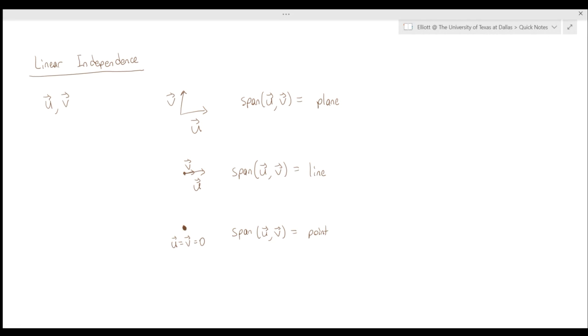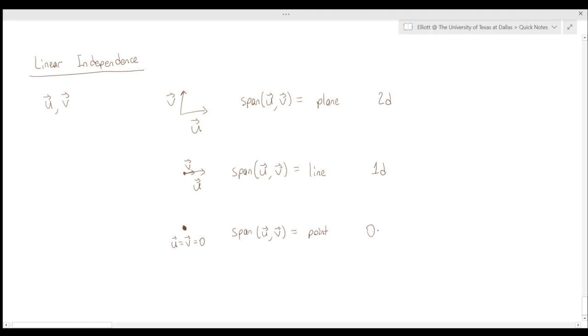All right, so a plane, geometrically, we can think of a plane as being a 2D, two-dimensional object, because a plane has area associated with it. A line would be a one-dimensional object, because lines have length associated with it instead.